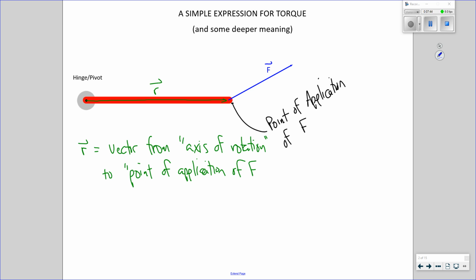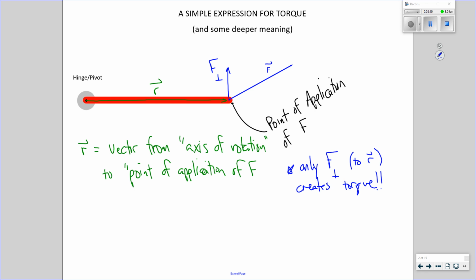And the part of that force looks like this. There is a component of F that's perpendicular to r. Only F perpendicular to vector r creates torque.